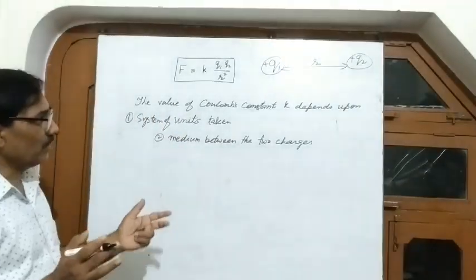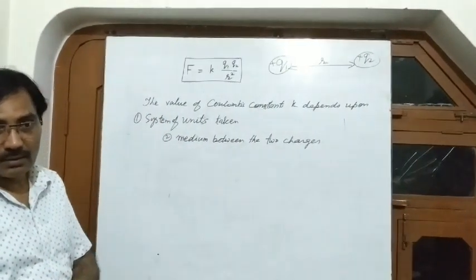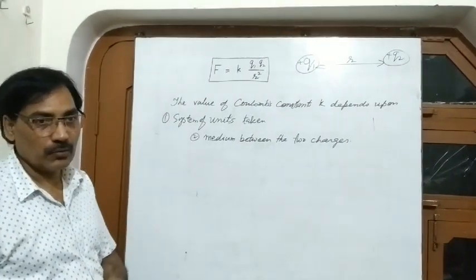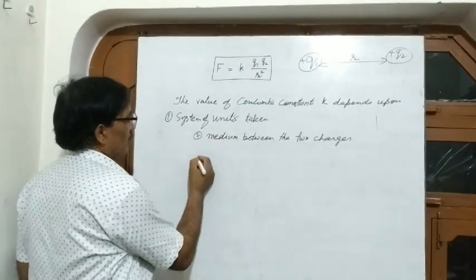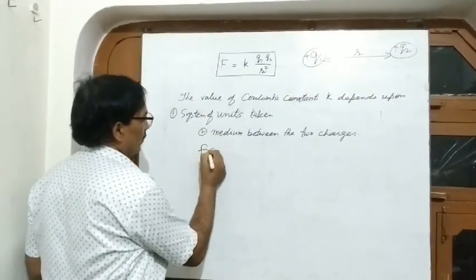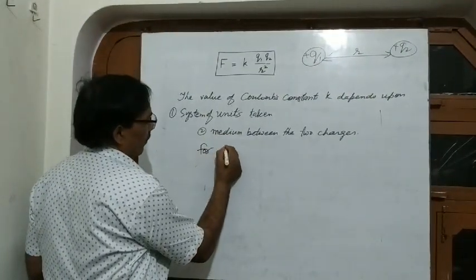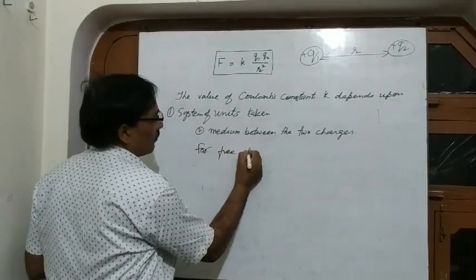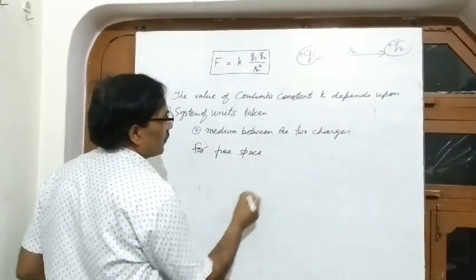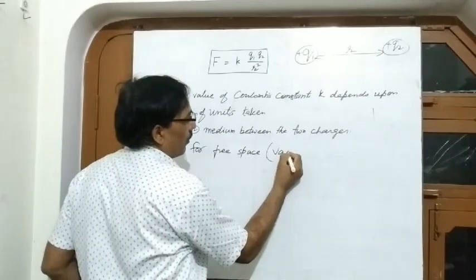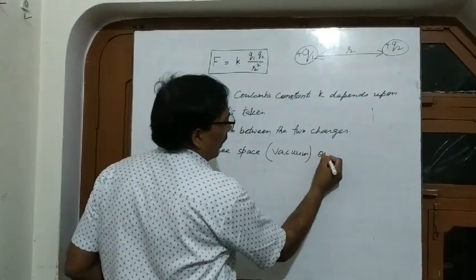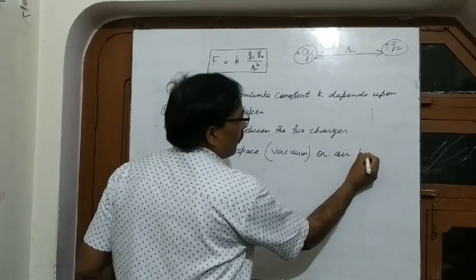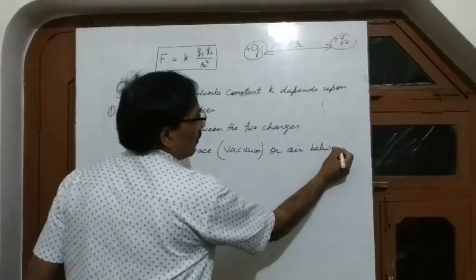If suppose the medium between the two charges is vacuum, free space, then K is for free space. Free space means vacuum or air between the two charges.